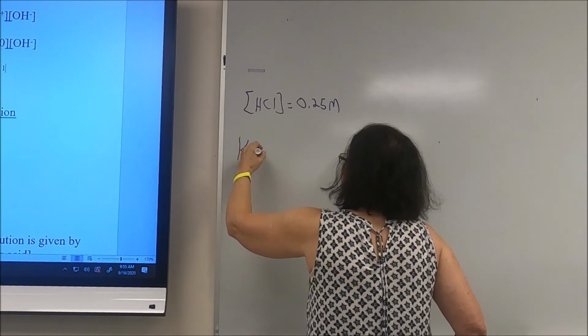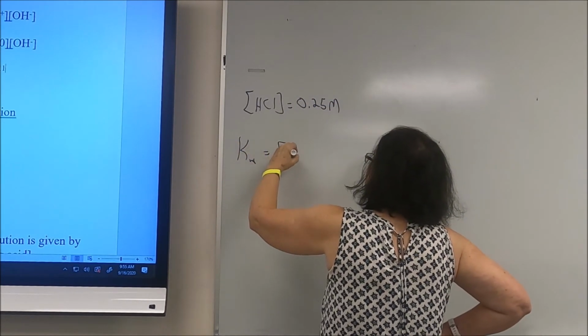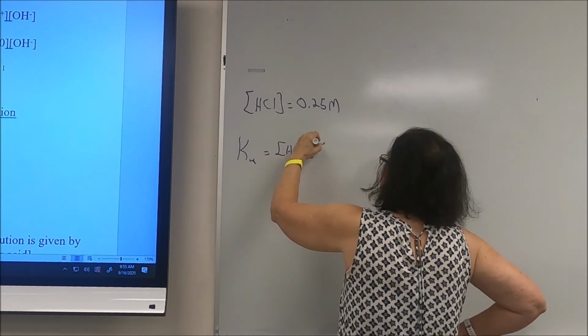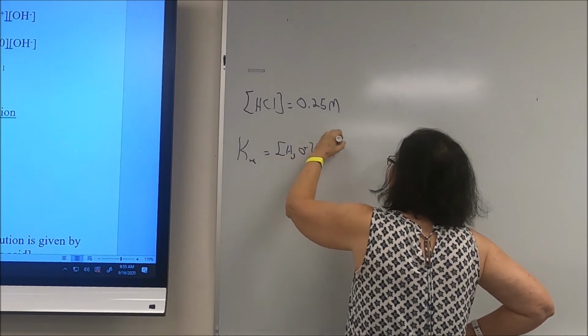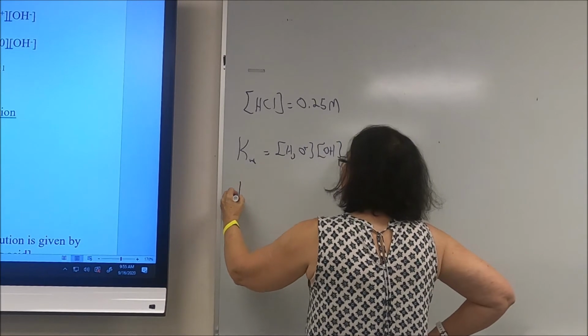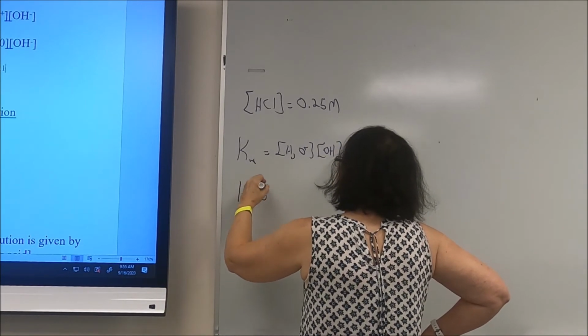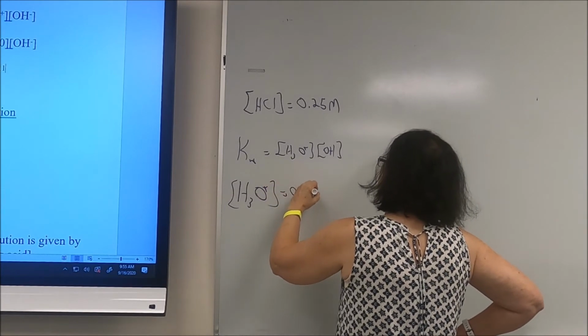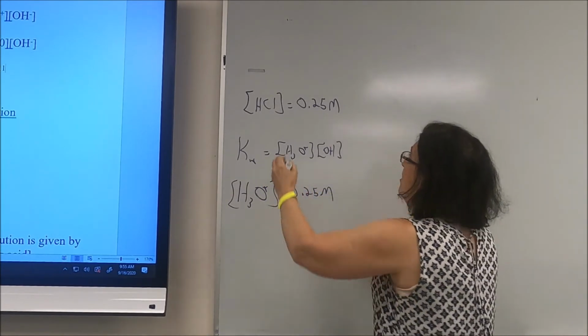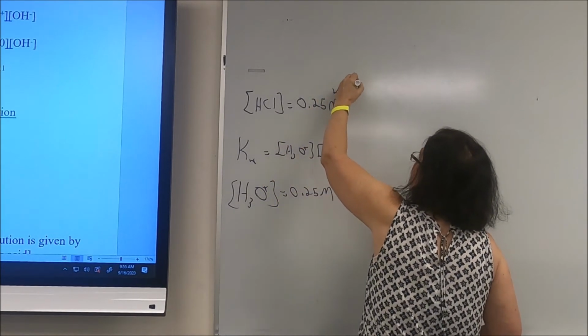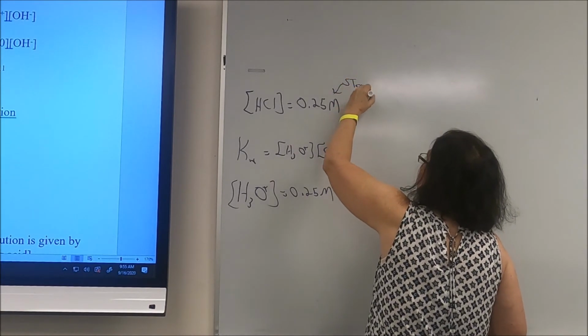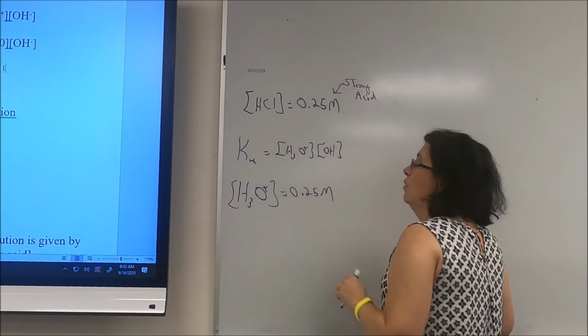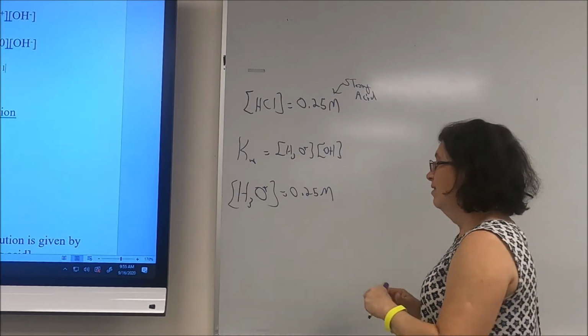I know that Kw equals hydronium ion concentration times hydroxide ion concentration. And in this situation, the concentration of hydronium ions is going to equal 0.25 molar because this is a strong acid. And for right now, we're only dealing with strong acids.